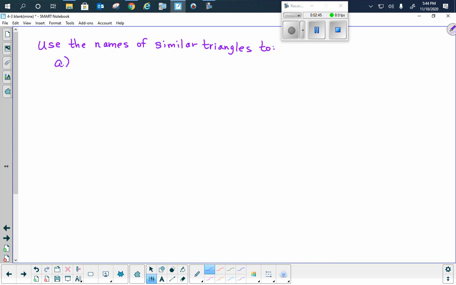Part A, list all pairs of congruent angles. And in part B, write all ratios of corresponding sides.